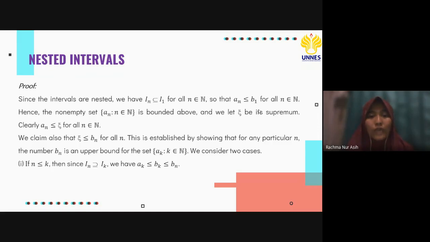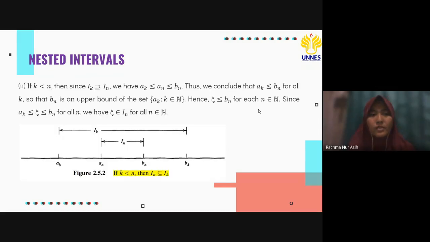We consider two cases. The first case: if n is less than or equal to k, then since In is a superset of Ik, we have Bk greater than or equal to Ak but less than or equal to Bn. And the second case: if k is less than n, then since Ik is a superset of In, we have An greater than or equal to Ak but less than or equal to Bn.